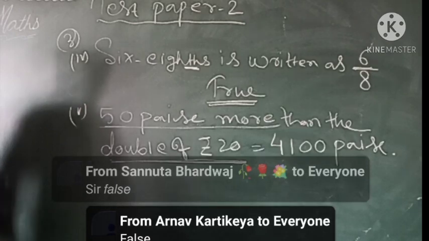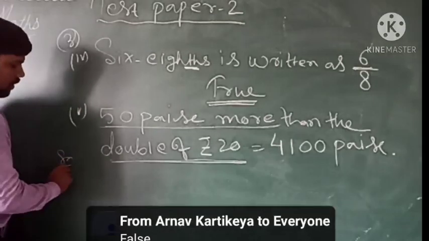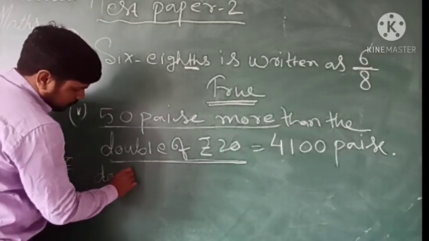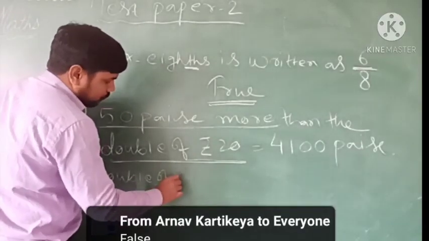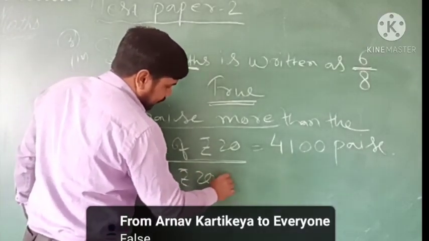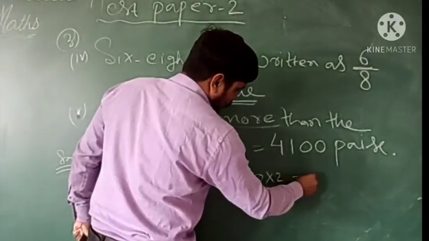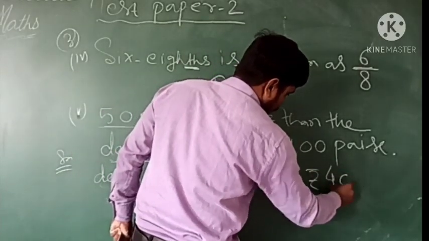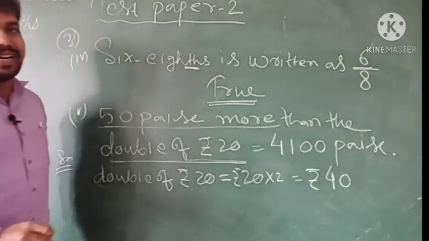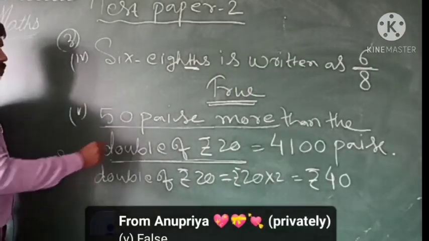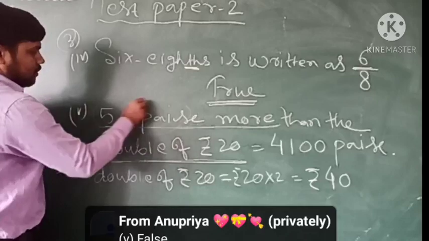So double of rupees 20 means rupees 20 multiplied by 2, that means rupees 40. So rupees 40 is the double of rupees 20, and 50 paise more than the double of 20.